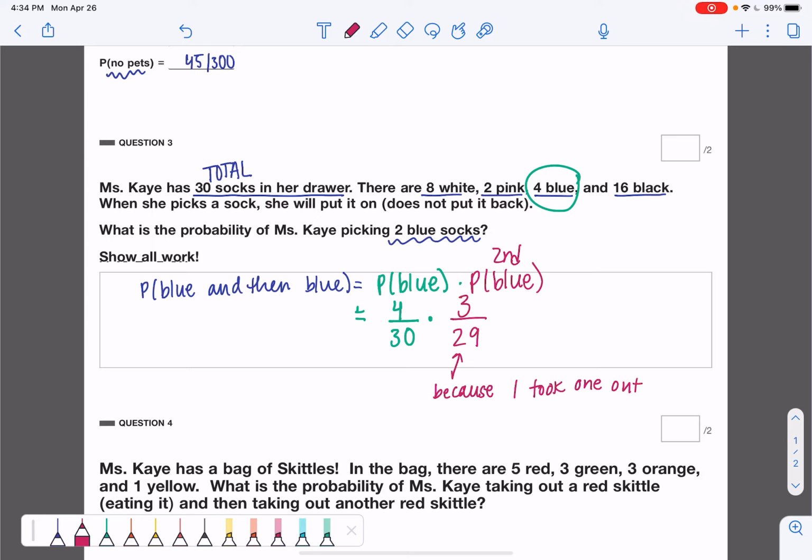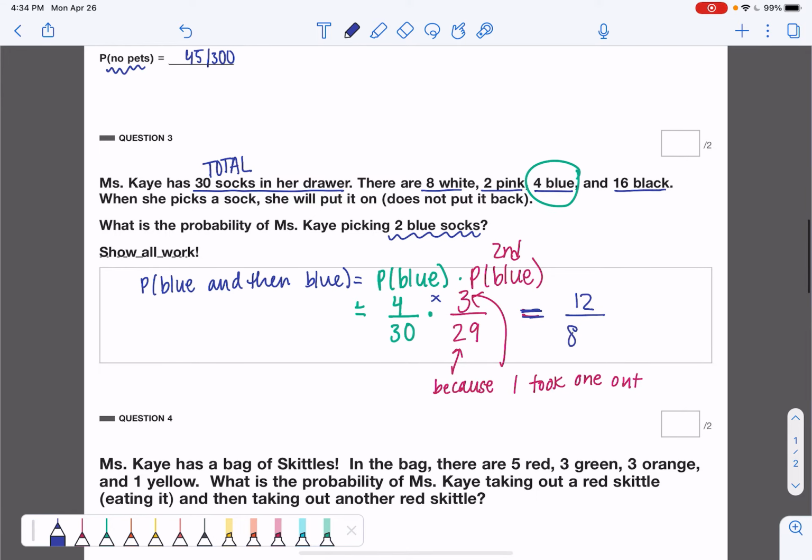That also means there are only 3 blue, again, because I took 1 out. We multiply across, 4 times 3 and 30 times 29. And that is our final result.